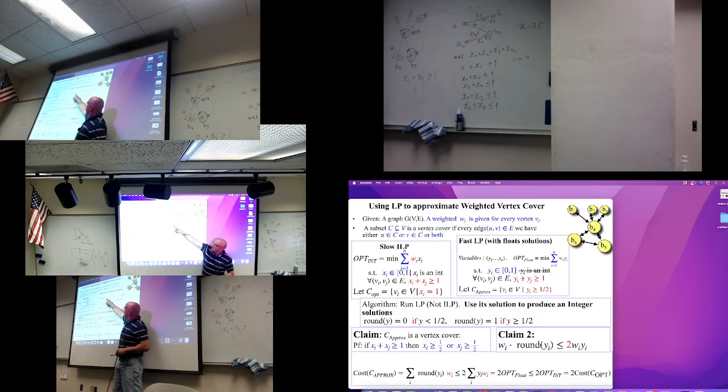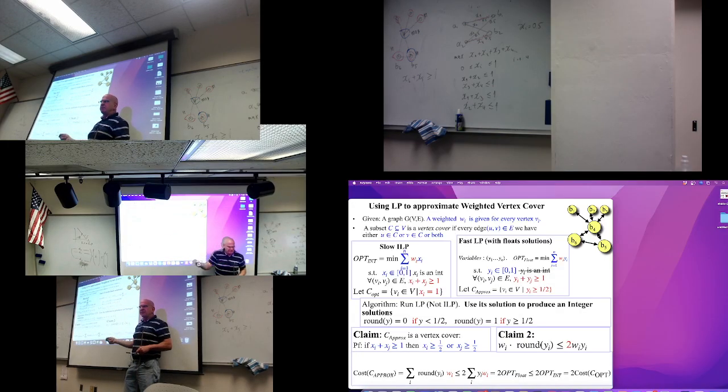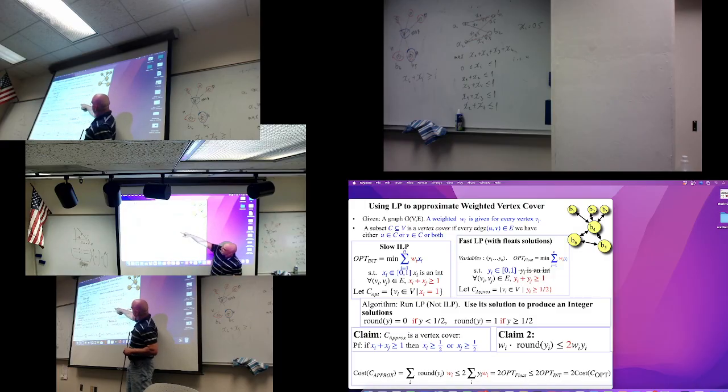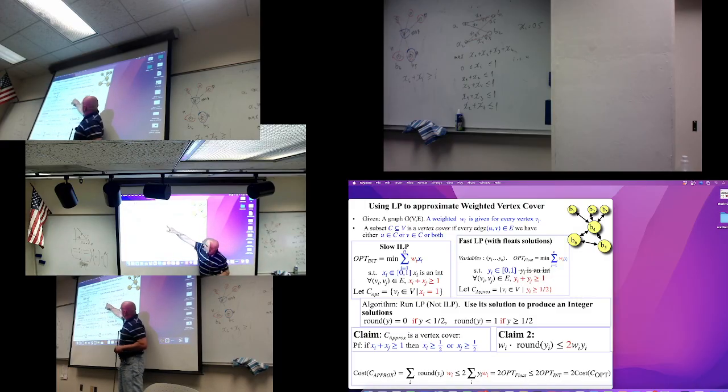I'm just using yi instead of xi because I want to refer to them differently. So I'm trying to minimize, my variables are y1 to yn. Yi just tells me, do I pick vertex i or not? Except that here I don't force the yi to be integers. Everything else is the same. Yi must be between 0 and 1.